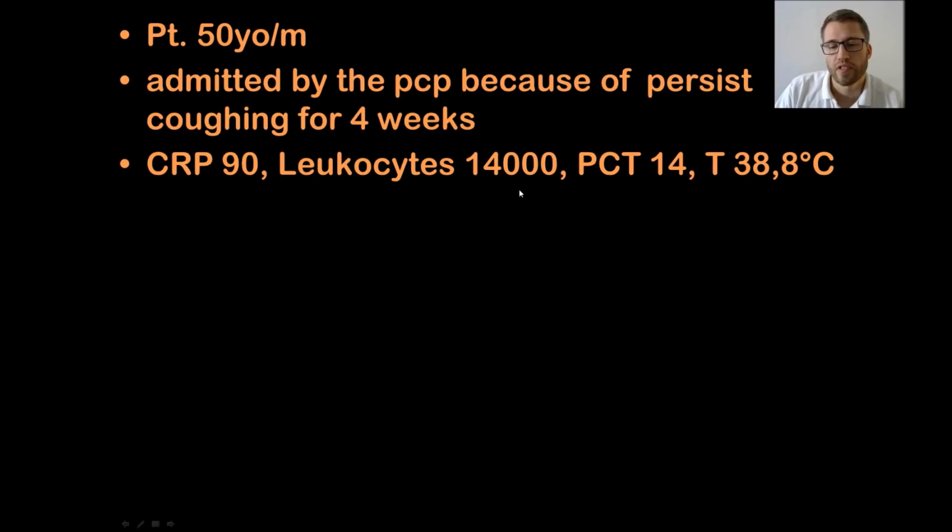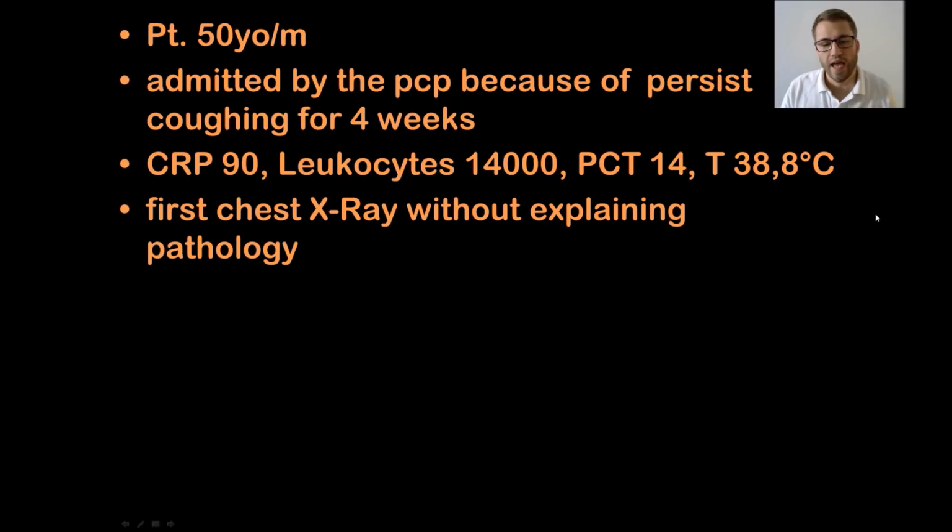Leukocytes were 14,000, where normal should be between 4 and 10, or 4 and 12, depending on the lab, but it's slightly elevated. The procalcitonin is 14, and in our lab it should be under 0.5. The body temperature is 38.8 degrees Celsius.